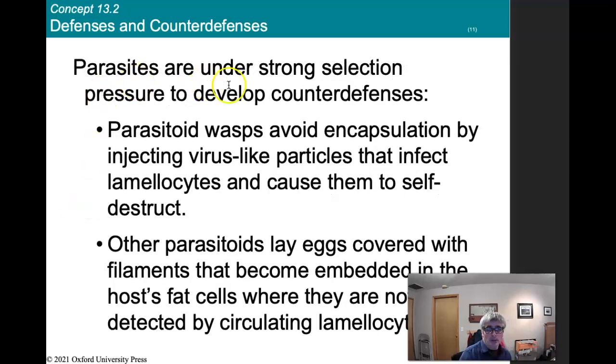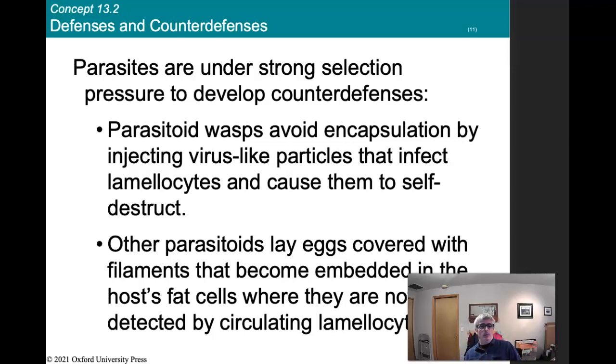And parasites are under strong selection pressure to come up with counter defenses. Both of these are strong selection pressures: there's a strong selection pressure to develop defense against a parasite, and also a strong selection pressure to defeat that defense or come up with a counter defense.